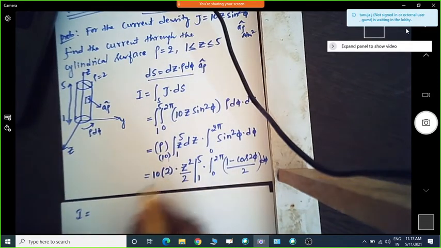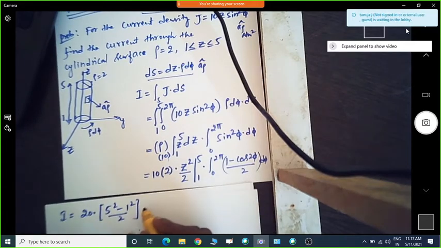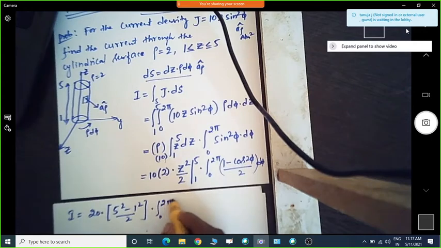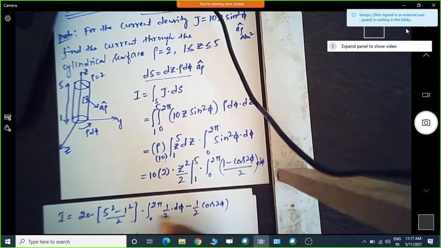So this is 10 into 2, which is 20, into z square if you substitute, it is 5 square minus 1 square divided by 2, into, from 0 to 2 pi, half into d phi minus half into cos 2 phi.